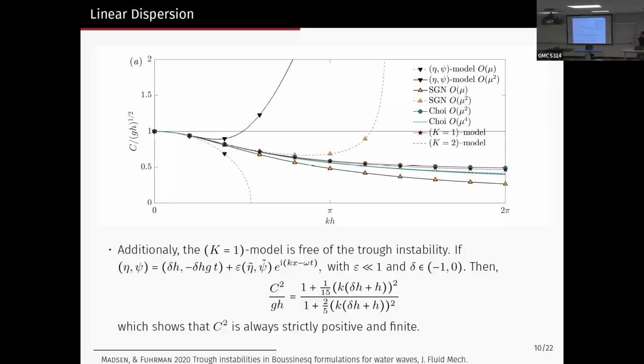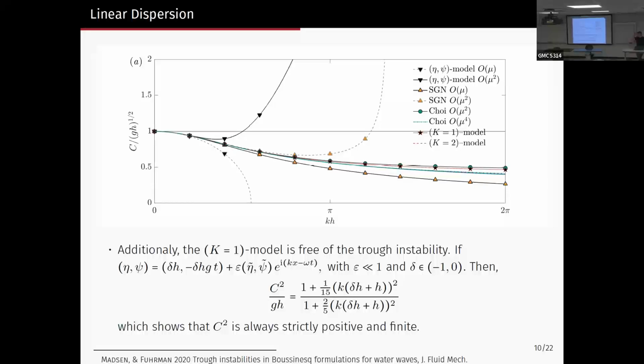An additional thing that we showed is that this variational model is free from a certain trough instability that was revealed recently, in 2020.